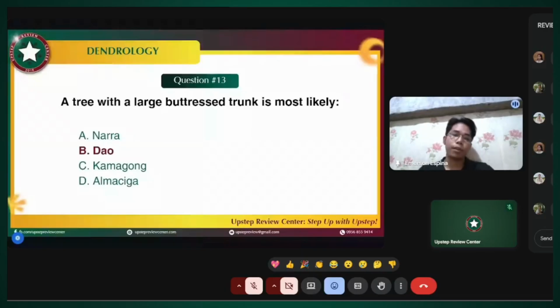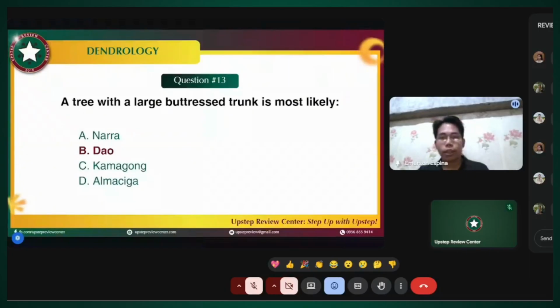The main characteristic is buttress. And in order for us to remember, think of the buttress. That's one of the key characteristics to remember as well.